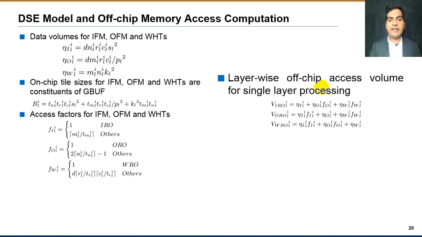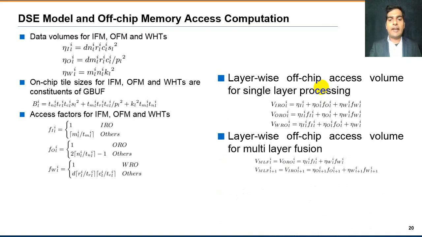The above equations are valid for single layer processing. SuperSlash also investigates the possibility of layer fusion by utilizing the output feature map tile of the Lth layer as an input feature map of the (L+1)th layer, and the equations for multi-layer processing are given in these relations.